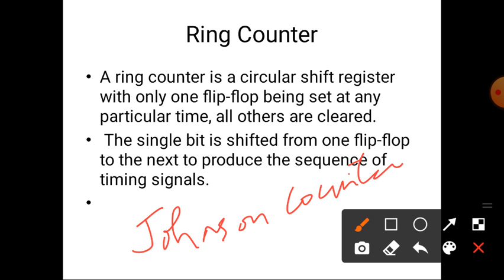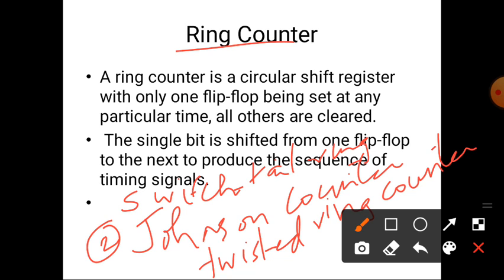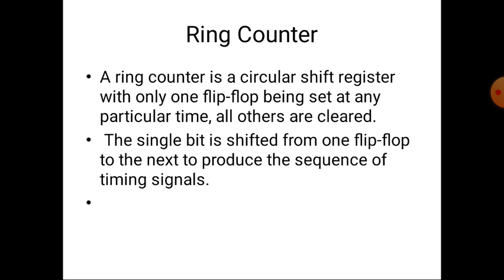One is the ring counter and the second one is the Johnson counter, also known as the twisted ring counter, or switch tail ring counter. Then what is a ring counter?